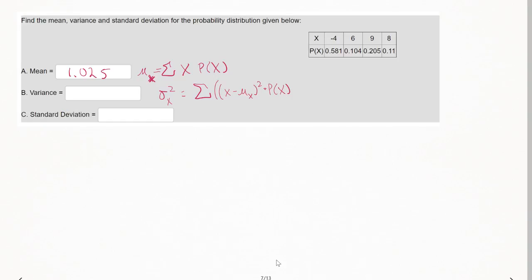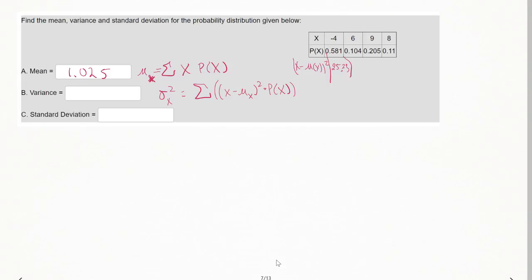So what we'd have to do is take, for example, x minus mu of x, the quantity squared. In our first case, I go negative 4 minus 1.025, and then I square that value. By the way, I shouldn't round it, but I will here just so you can see what's going on.